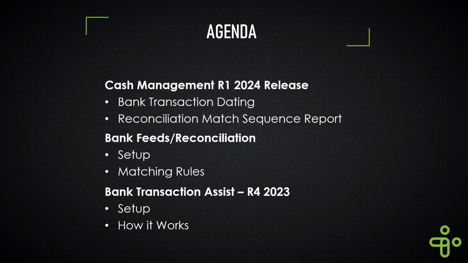The agenda covers a couple of things that were in the 2024 R1 release, around bank transaction dating and different reporting, and then a bit of a talk about bank feeds and reconciliation, as well as something I found which was released in R4 2023, the Bank Transaction Assist. So we'll have a look at that as well.